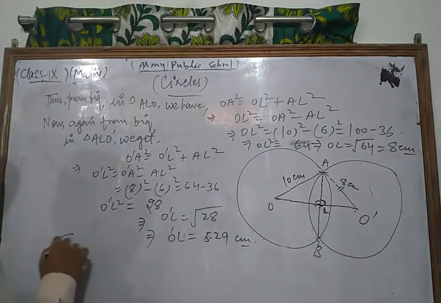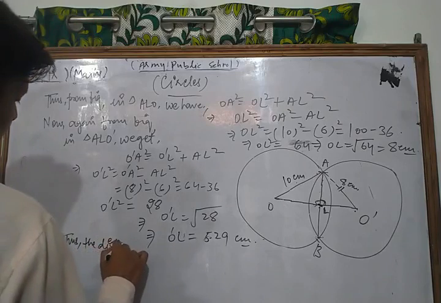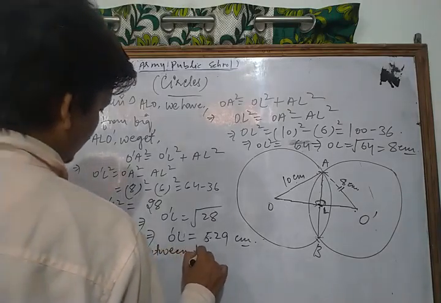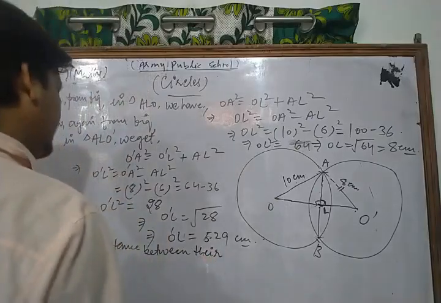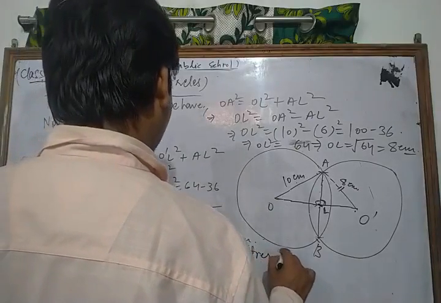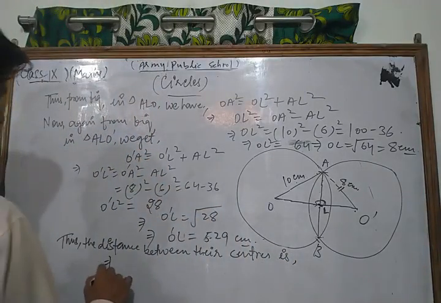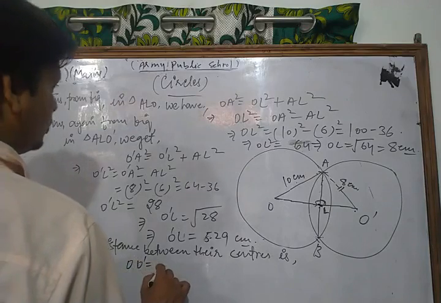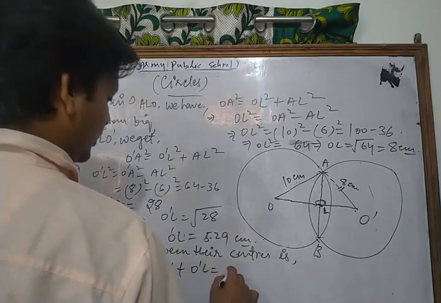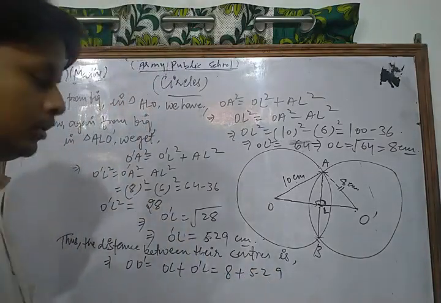Thus the distance between their centers, that is OO dash, is equal to OL plus O dash L. So OL is 8 plus 5.29.